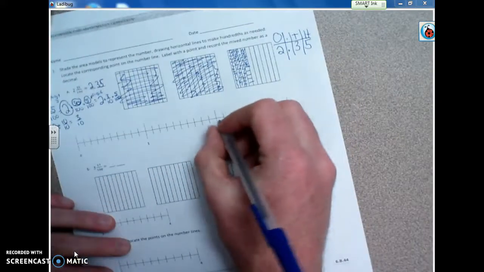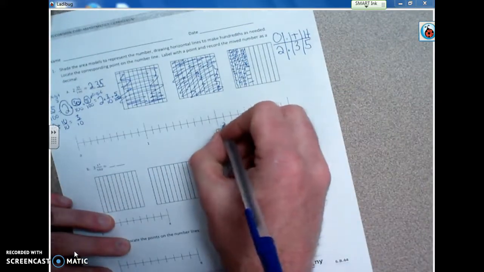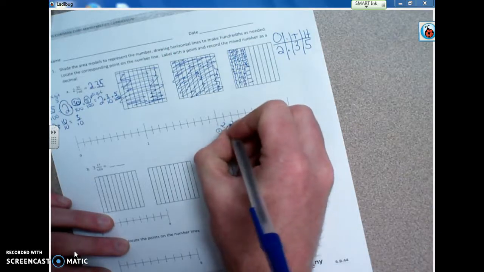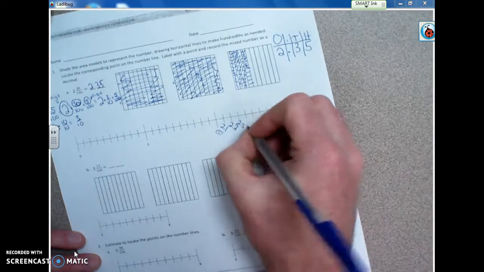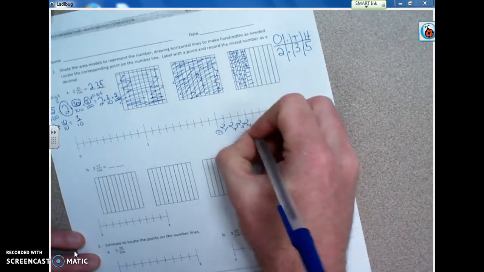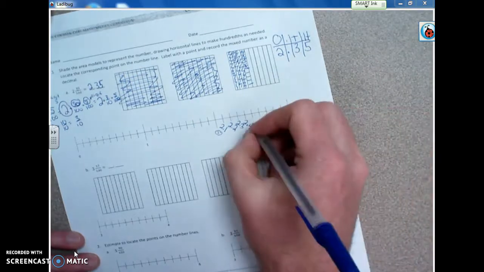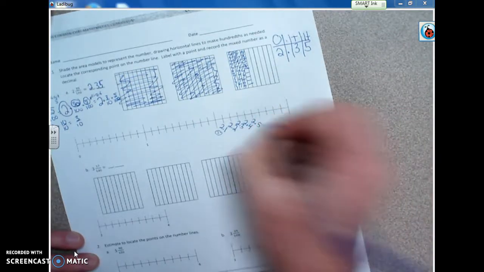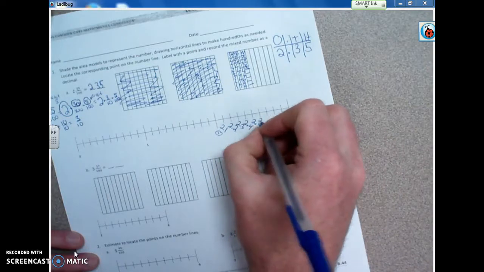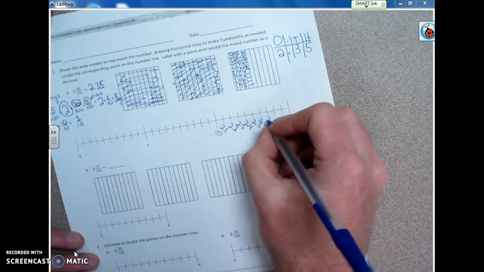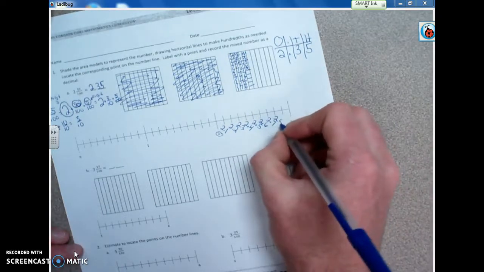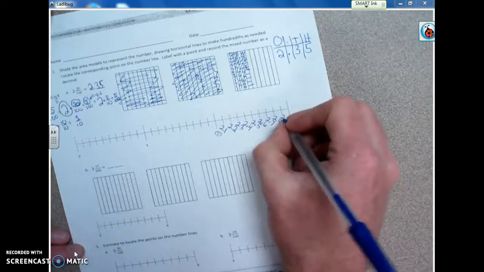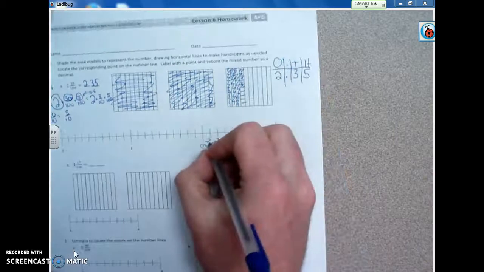This is broken into tenths, so I have 2 and 1 tenth, 2 and 2 tenths, 2 and 3 tenths, 2 and 4 tenths, 2 and 5 tenths, 2 and 6 tenths, 2 and 7 tenths, 2 and 8 tenths, 2 and 9 tenths, and then 3 wholes at the very end.